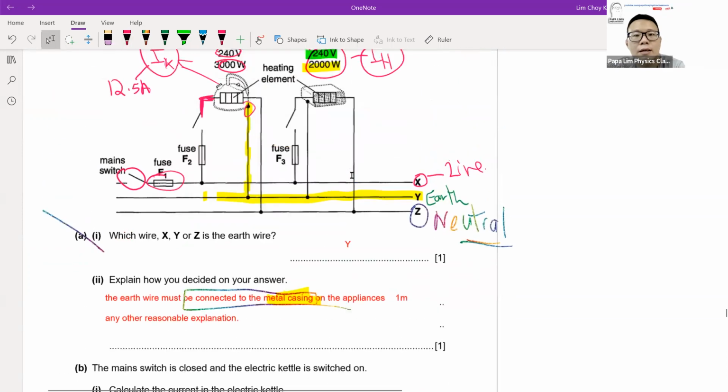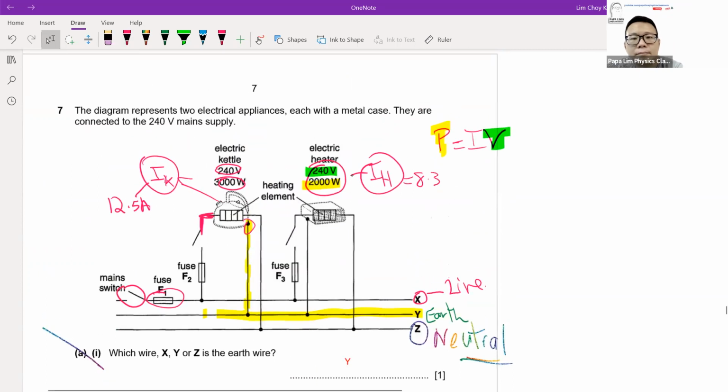So 8.3 amp is in this cable here, in this current here. Let me use a different color first. So the red one is referring to the kettle, the green one refers to the heater.